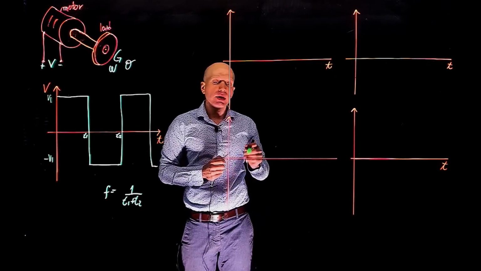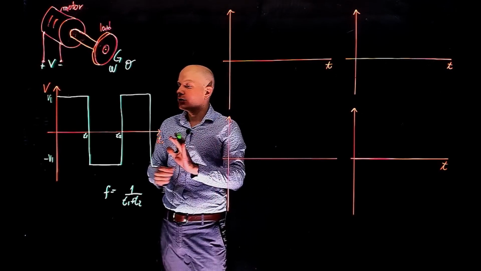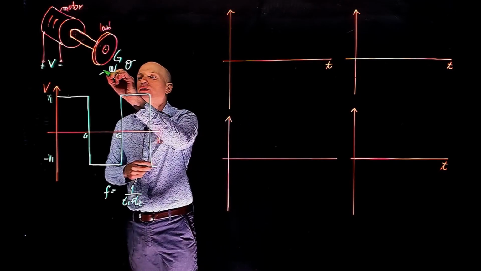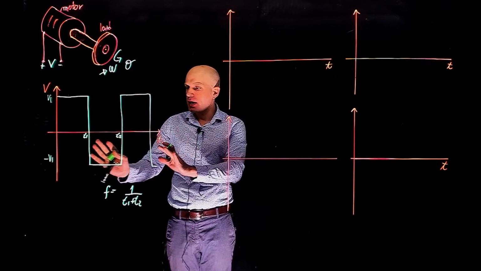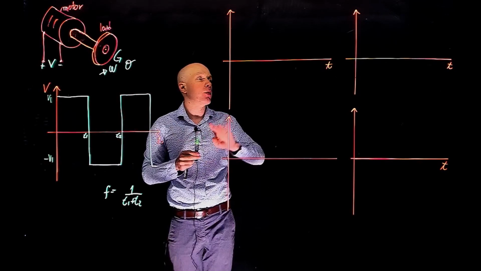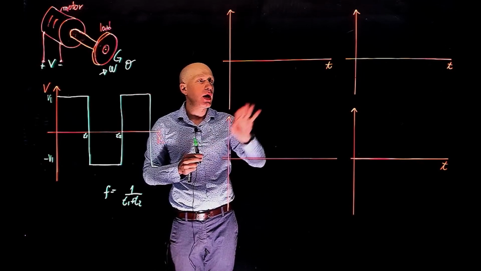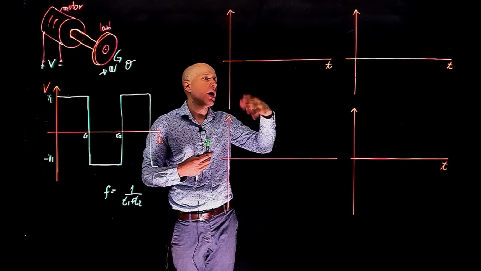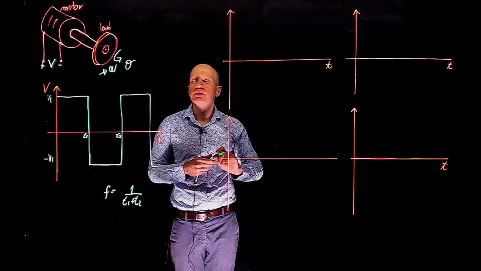Very well. Now let's attempt to draw a Bode plot of this that represents the output speed. Let's just start with the speed that I'm going to call omega. If in this case T1 is sufficiently large, what happens to omega? Omega will start to increase and the motor will reach a maximum speed and then will spin at that constant maximum speed.